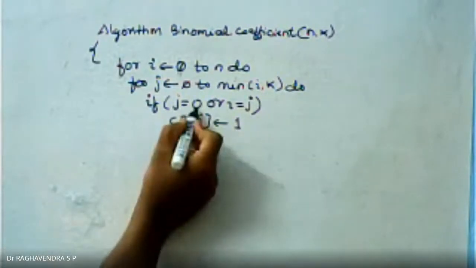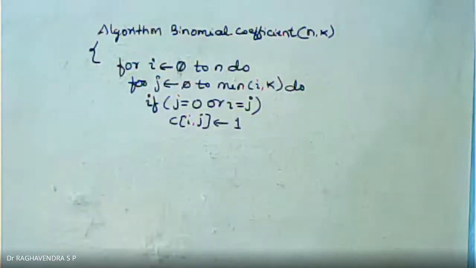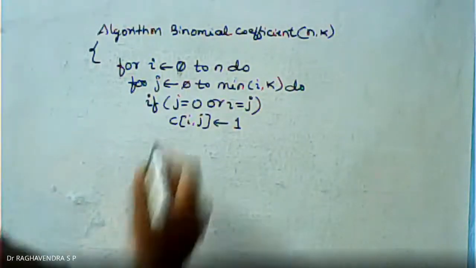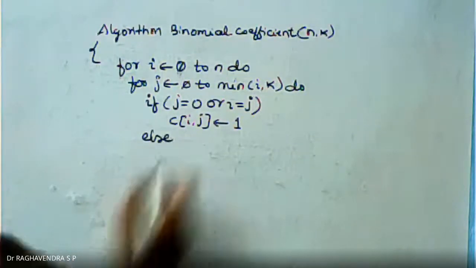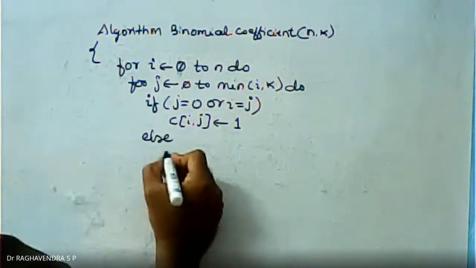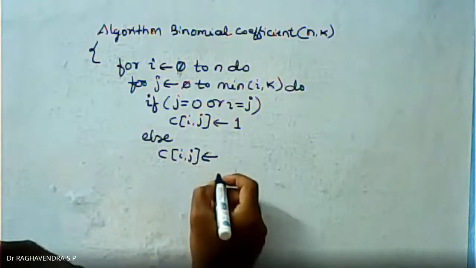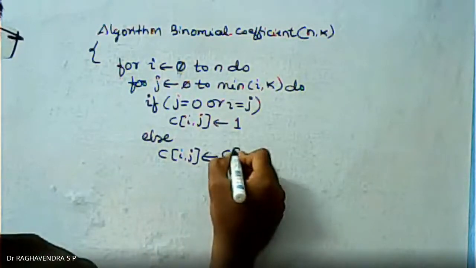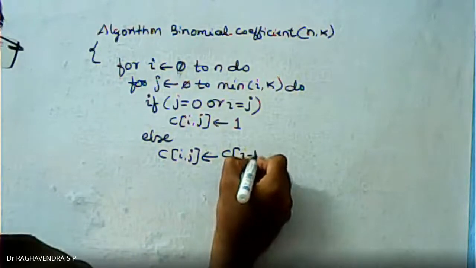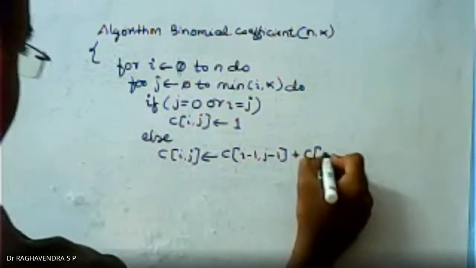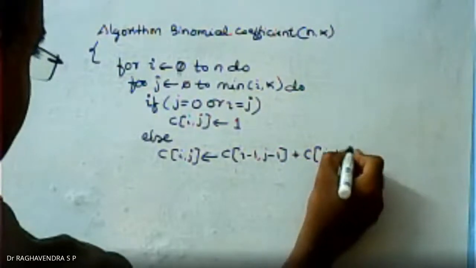If j equals 0, or i equals j and n equals k, in all those scenarios c of i comma j equals 1. Else, c of i comma j equals c of i minus 1 comma j minus 1 plus c of i minus 1 comma j.